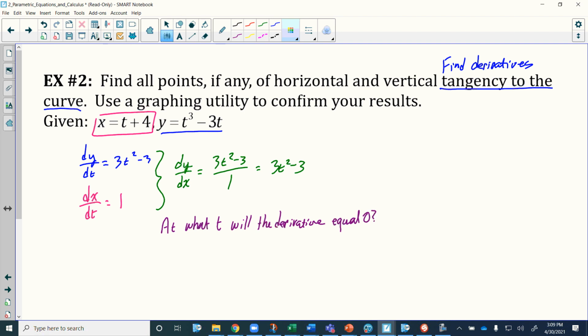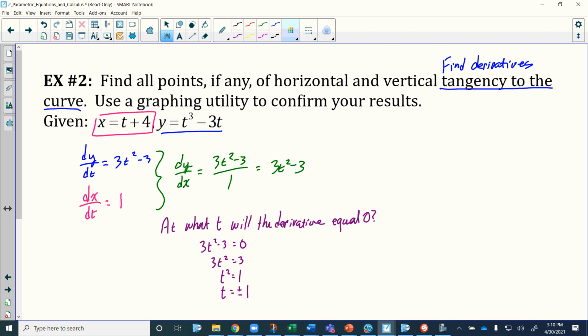That's usually what we think of whenever we're talking about finding the slope of the tangent lines. We want to know when the derivative equals 0. So I'm going to take the 3t squared minus 3, set it equal to 0, and solve for t. Move the 3 over, so 3t squared is equal to 3, so t squared is equal to 1, so t should be positive or negative 1.